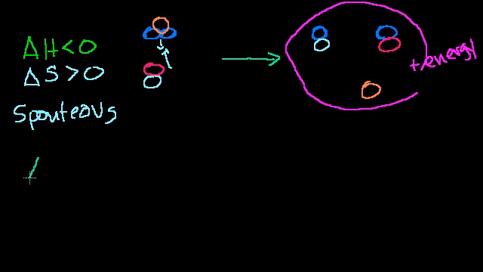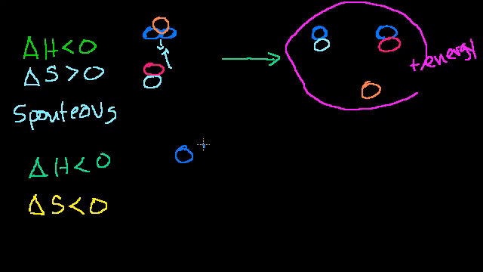Now, let's do something that's maybe a little less intuitive. What happens if my delta H is less than 0, but let's say I lose entropy? And the second law of thermodynamics says the entropy of the universe goes up, but I'm just talking about my system. So that would be a situation where I go from, let's say, 2 particles. I've got that particle, and then I have this particle.